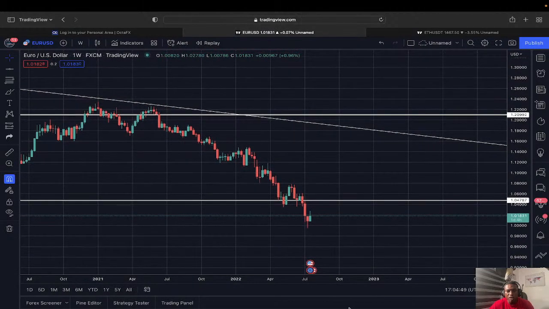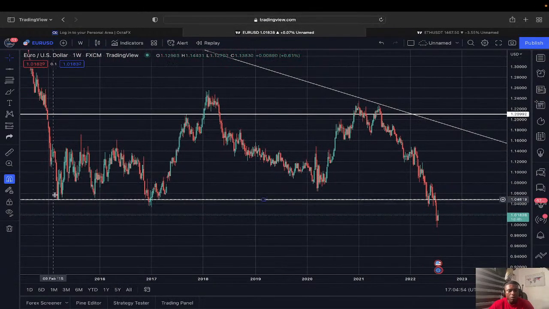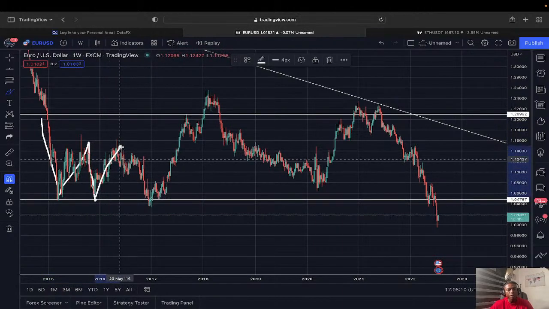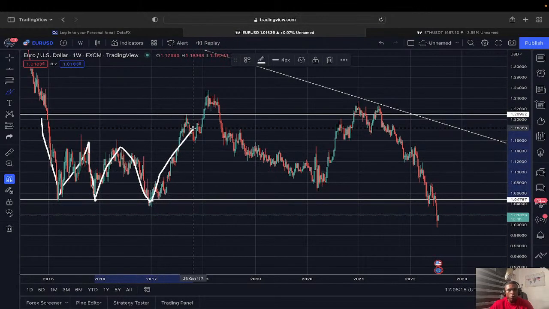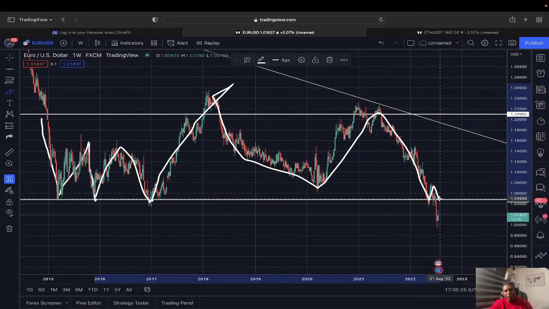Then let's look at what would happen next. If you look closely, for those who did not see through, this is what I'm talking about. You can see what price did here. Price came down, went up, came down again to touch that same level of support, went up, came down again, could not break through this same level, was pushed up, then came down close to that same level, was pushed up, then came down to that level, was pushed up a bit, before then there was a final breakout.